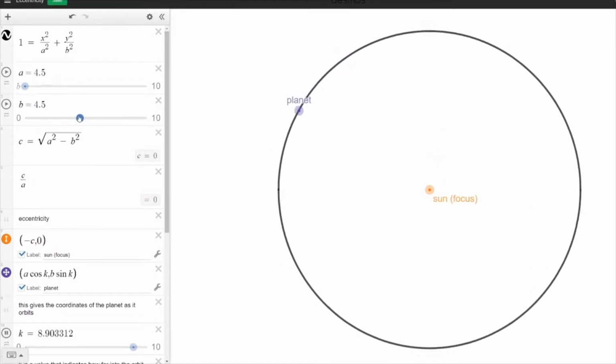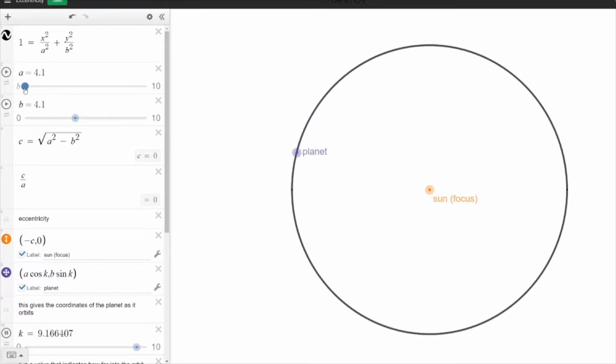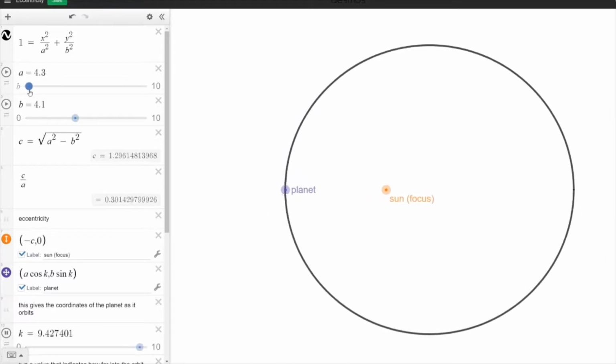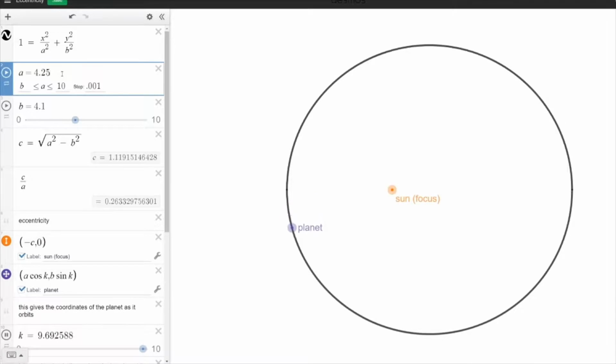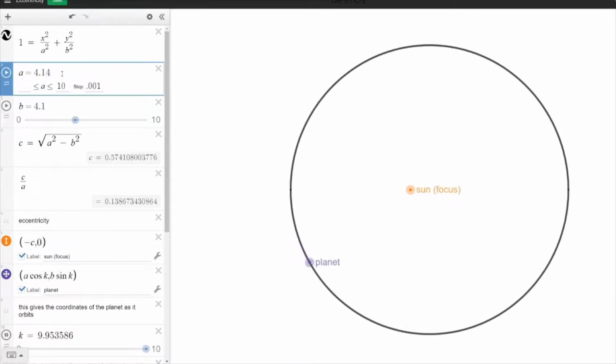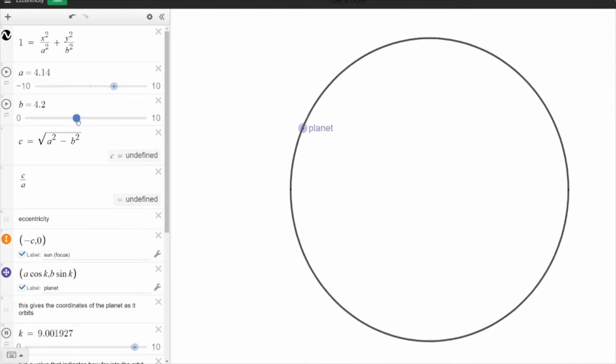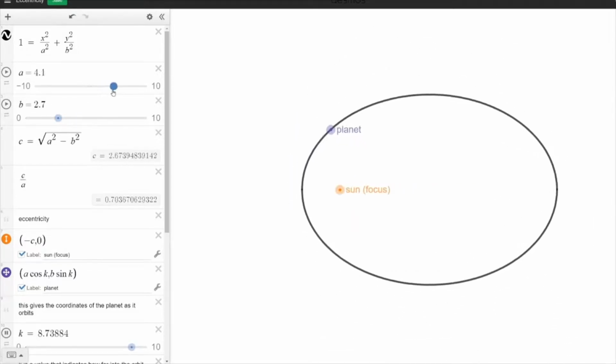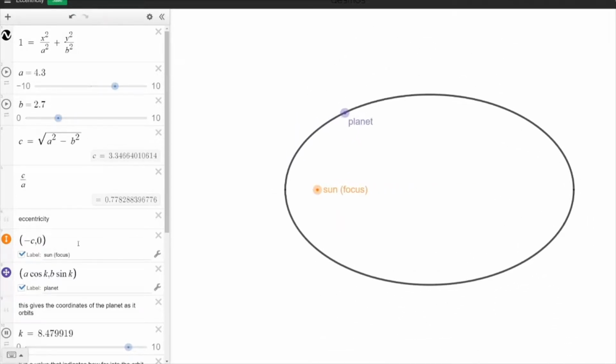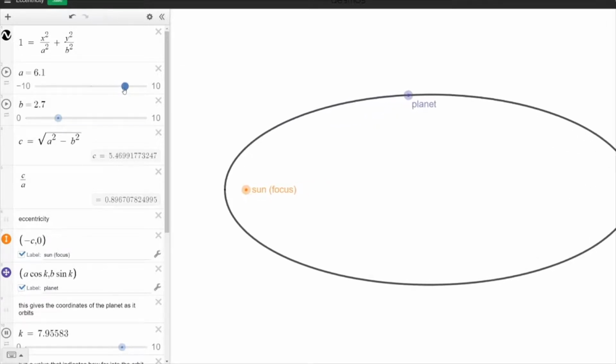They're almost completely circular, something like 0.014. It is an ellipse, but you can hardly tell, right? I'll also send you guys a link to this so you can play with it. The planet's going to go around and around with the sun at the focus.